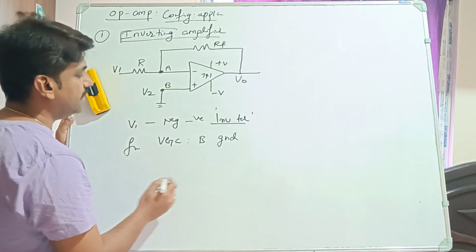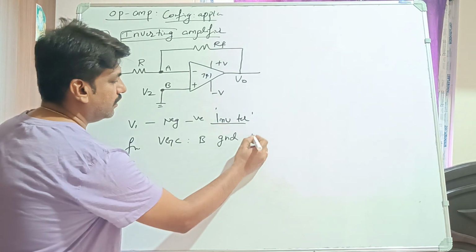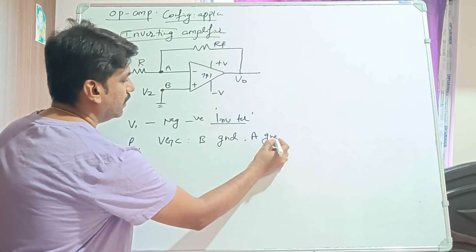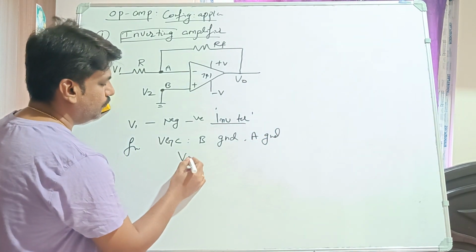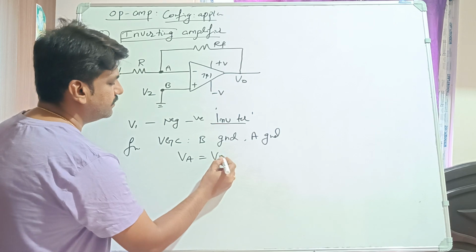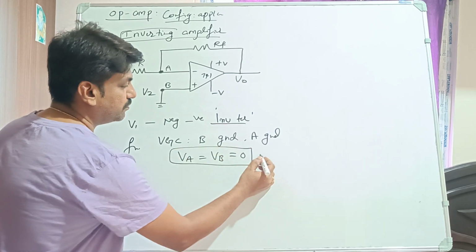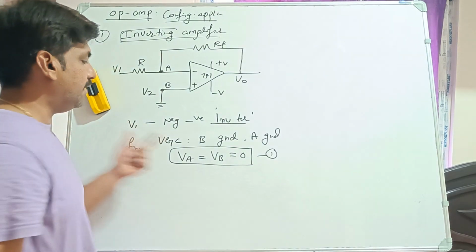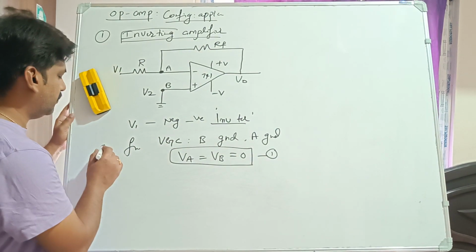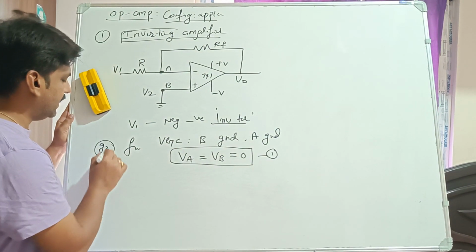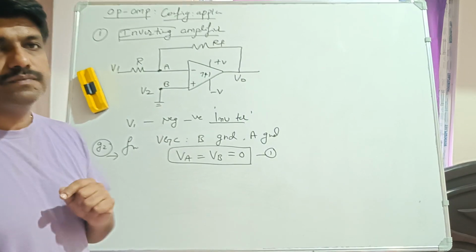And we can consider A is also at ground potential. So we can write VA equals VB equals ground, meaning 0. This is my first equation. It came from the virtual ground concept, golden rule number 2.